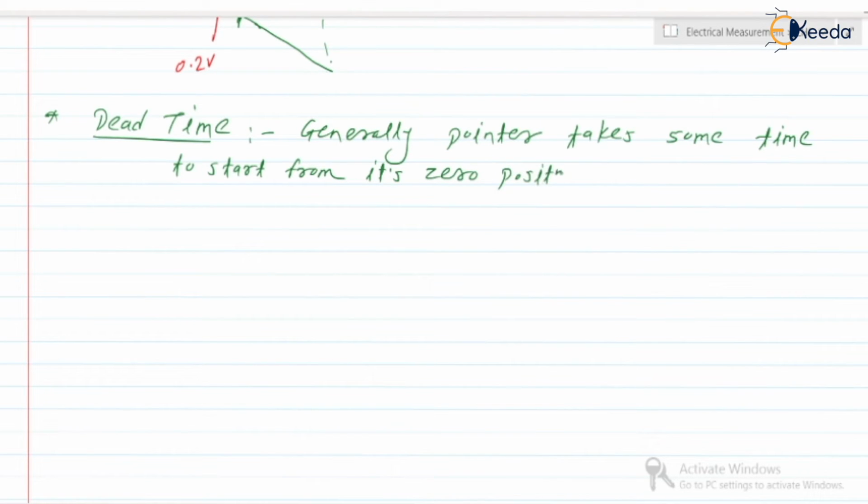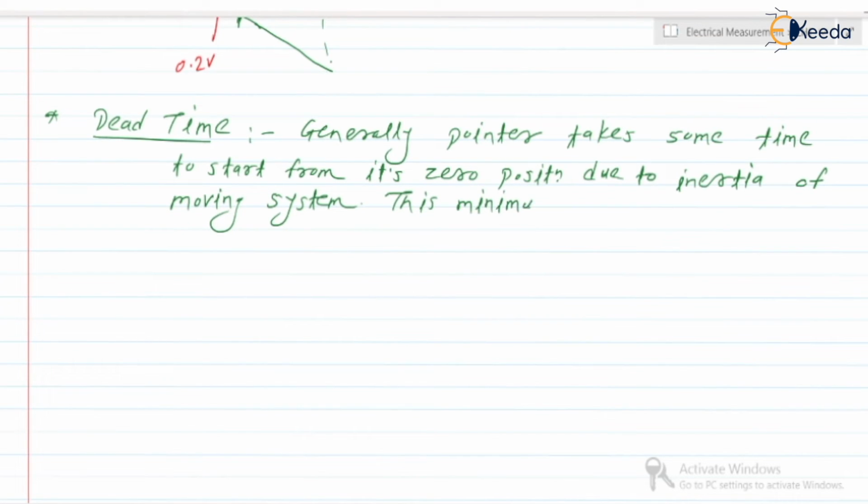Why is the pointer taking some time? Due to the inertia of the moving system. This minimum time is called the dead time.